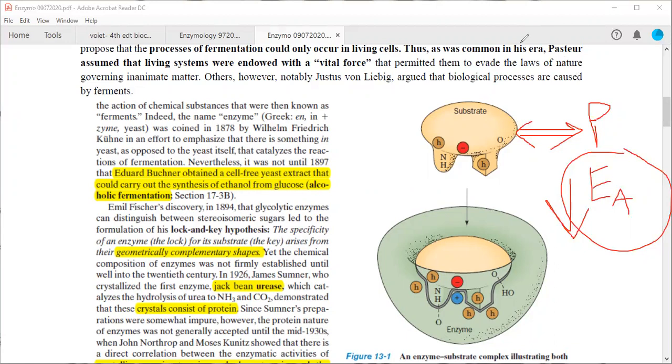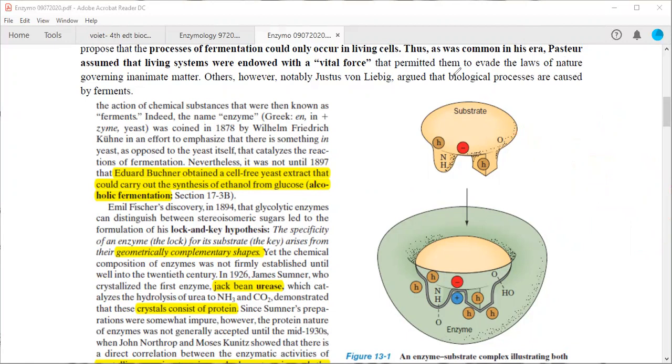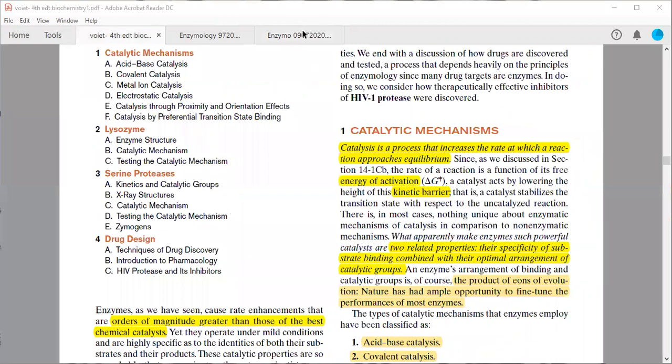Now, before starting, I will let you know that in today's class we are also going to discuss various mechanisms of catalysis. So what are the various mechanisms of catalysis? Let's directly look into the book. This book is White and White, fourth edition.